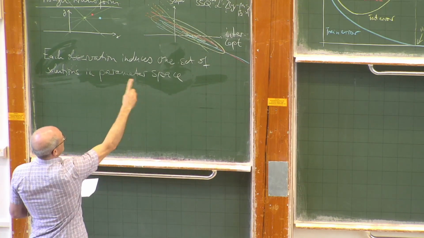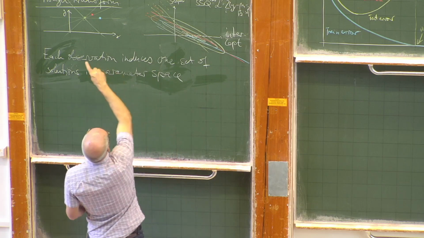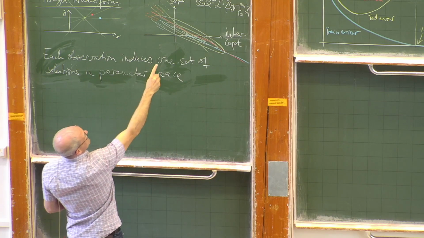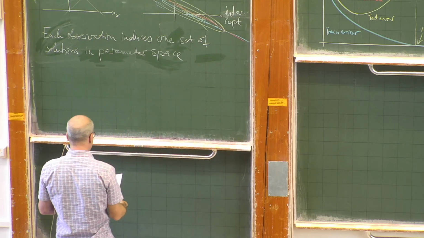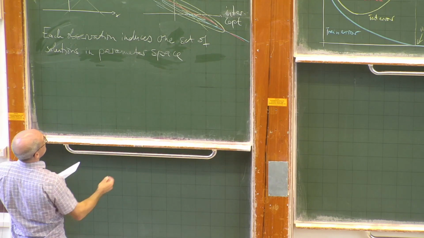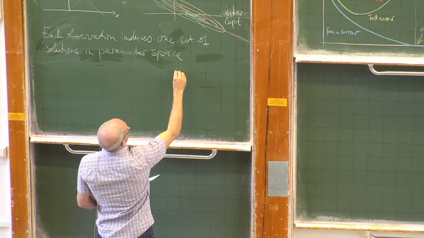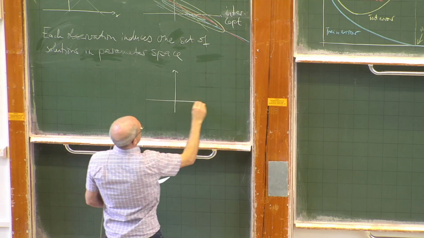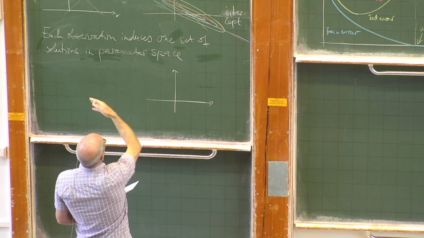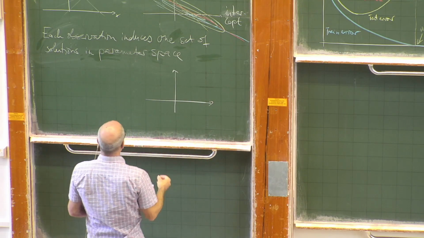So if this picture was faithful, accurate, I will now make it less accurate, but a little bit simpler, just for visual clarity. So what we had here, let's say those were 3 points.